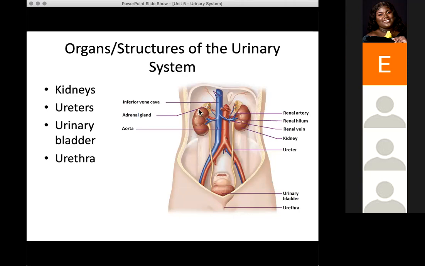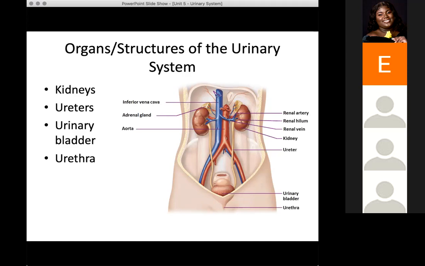And you can see those organs here on the PowerPoint. They are the brownish structures. Then you guys can see, hopefully, the 2 tubes that extend down from the medial side of each kidney. These are the ureters.